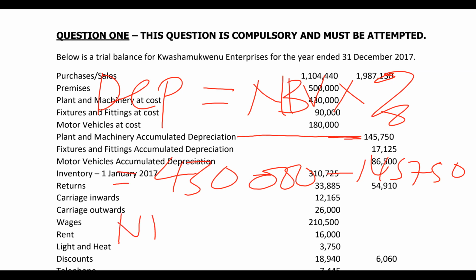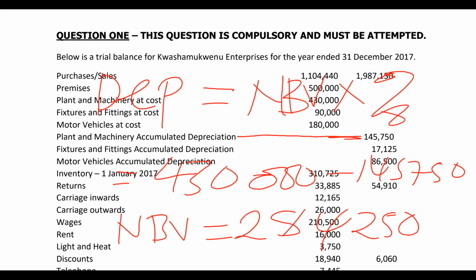What is the net book value? 430,000 minus 145,750 gives 284,250. This is the net book value.